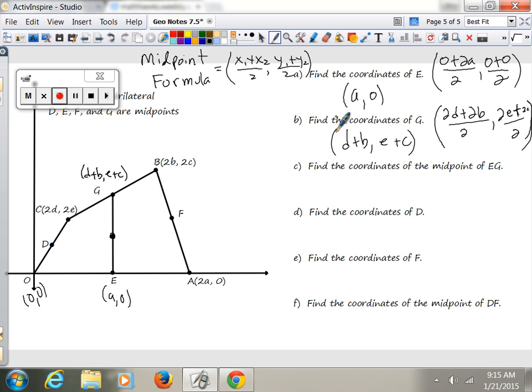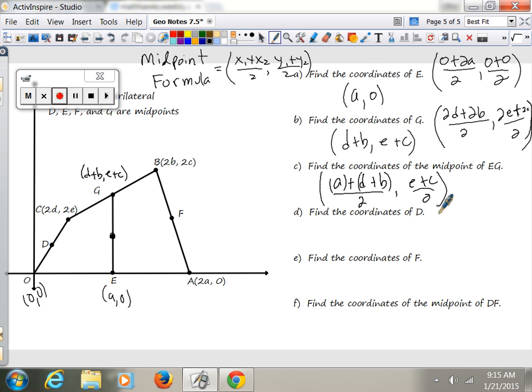So you can actually look right here. Here's my two x's. They're right on top of each other. So A plus D plus B divided by 2. This was my first x. This was my second x. Those are my two x's. And then 0 plus E plus C divided by 2.